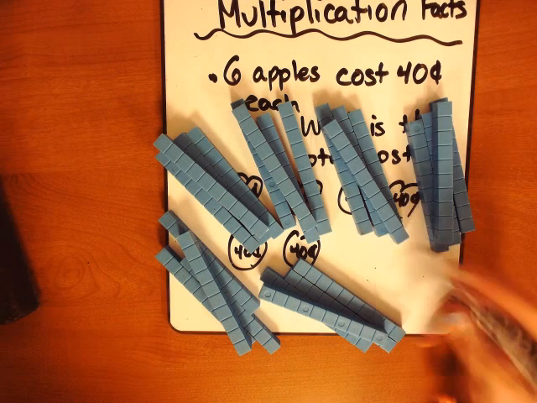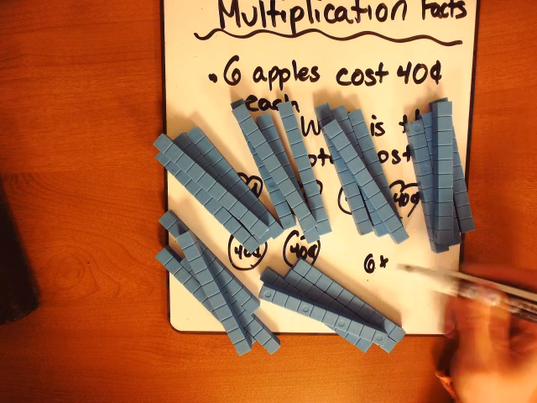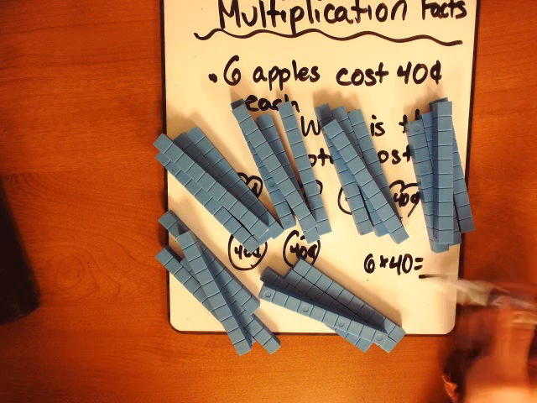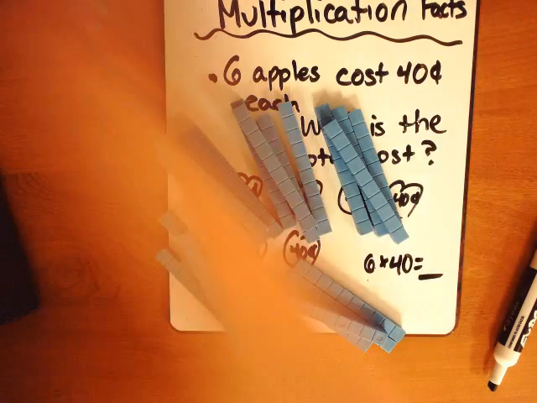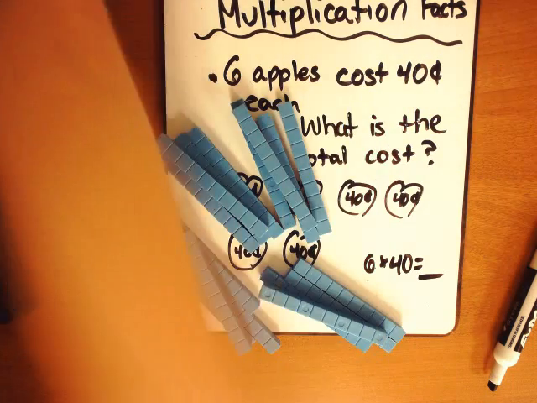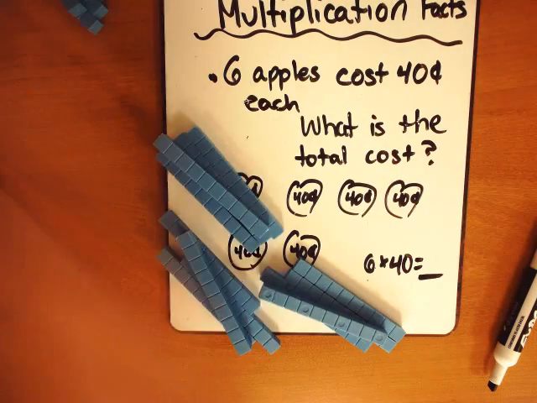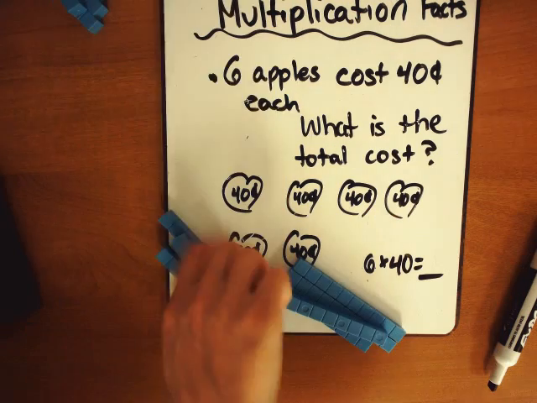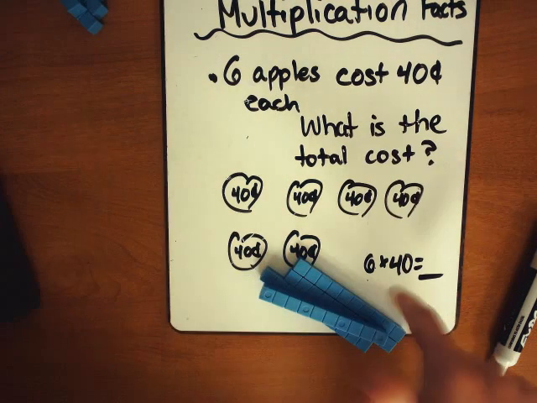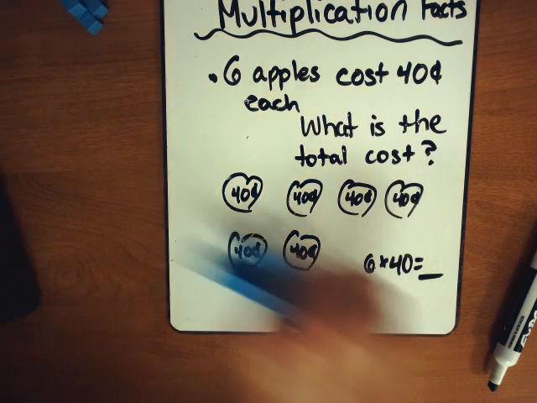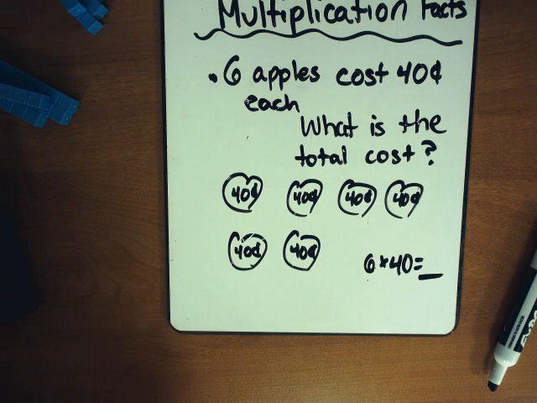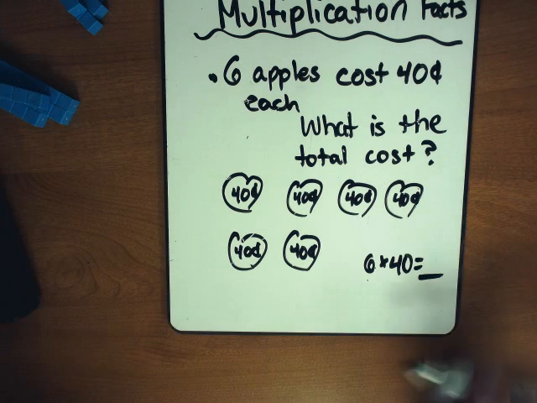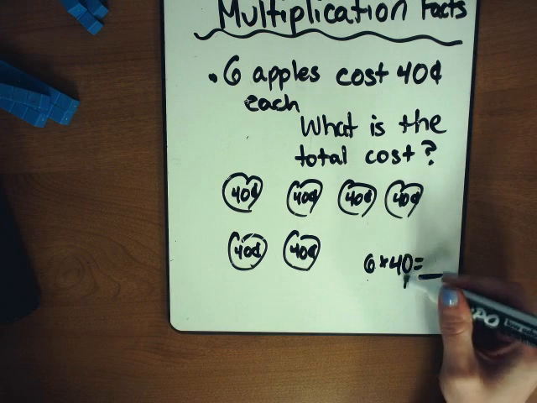So what I'm really doing here is 6 times 40 equals how many total? Well, I'm going to show you some ways that you can use extended multiplication facts to do this in a quick, easy way, because doing 40 plus 40 plus 40 plus 40, 6 times, repeated addition, can be cumbersome and take a while.